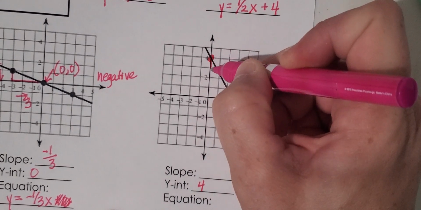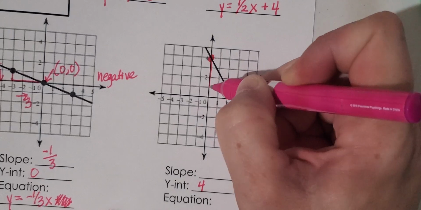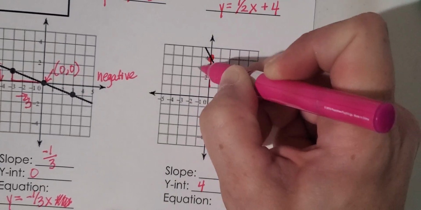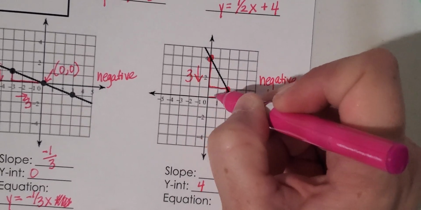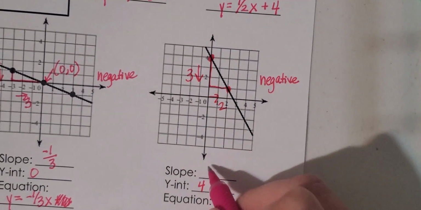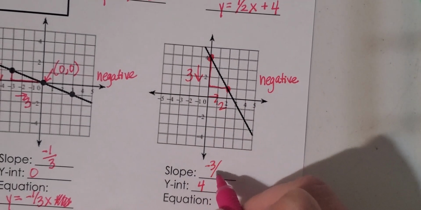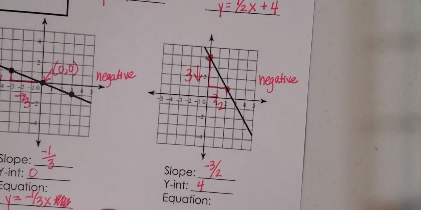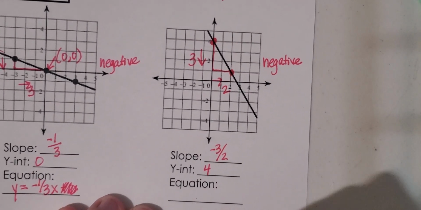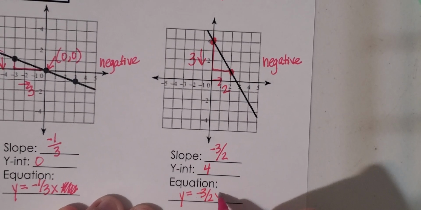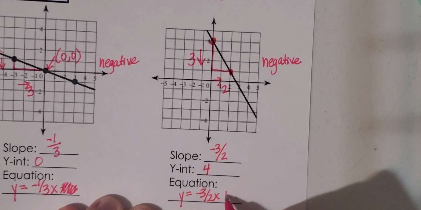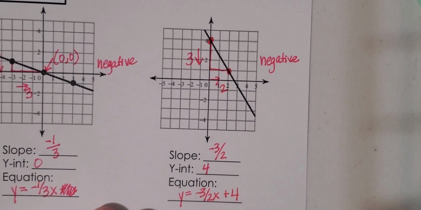I'm going to be going down 1, 2, 3 lines, which represent 3 numbers. So down 3 numbers, and then to the right 2. So I would have negative 3 over 2. And then my equation is y equals negative 3 over 2x plus 4.